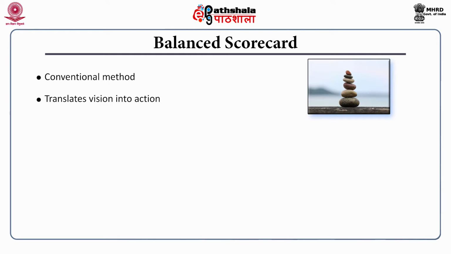Balanced scorecard considers the balancing of long-term and short-term objectives as well as qualitative and quantitative performance measures. It is about striking a balance between four components, namely financial, customer satisfaction, business processes, learning and growth.